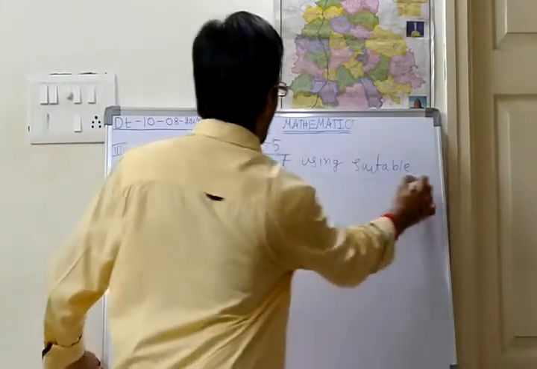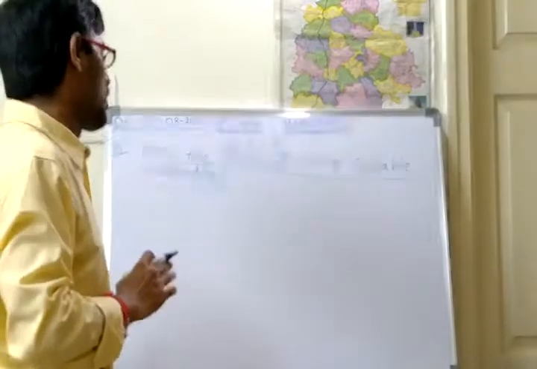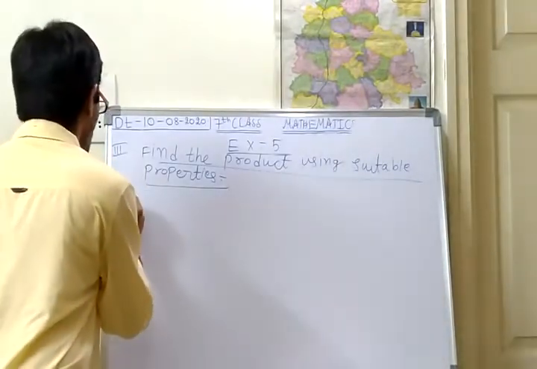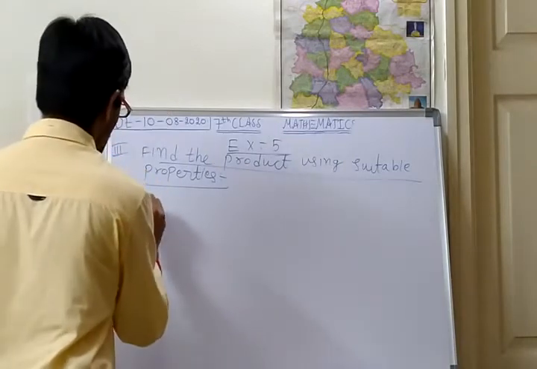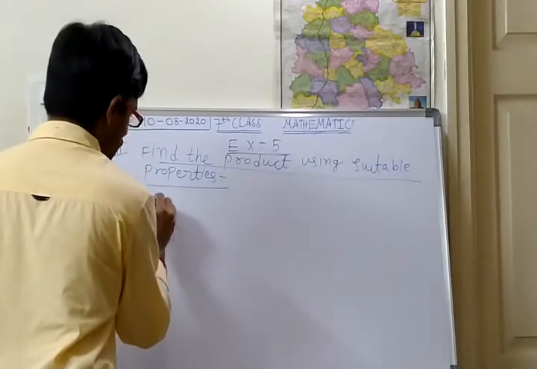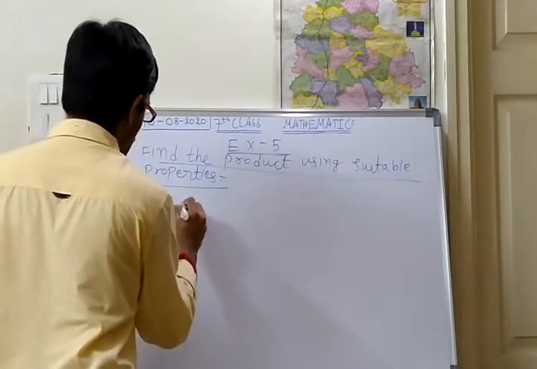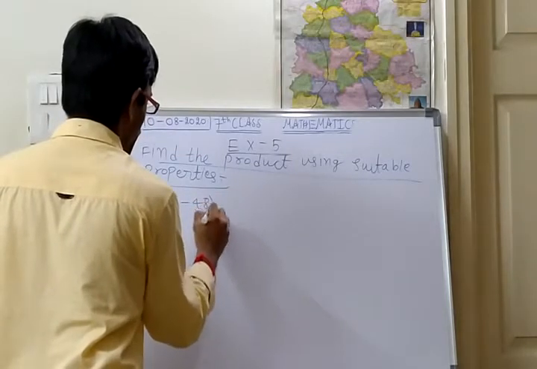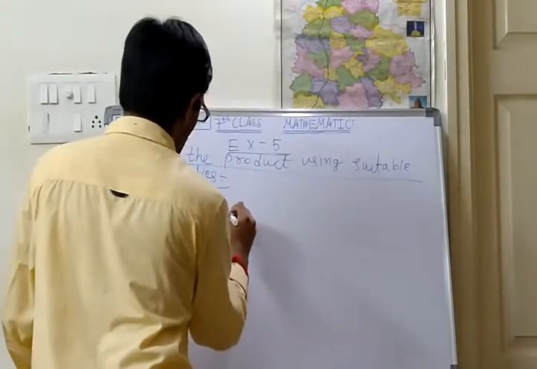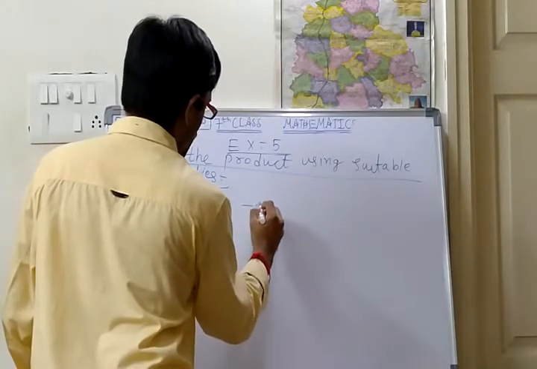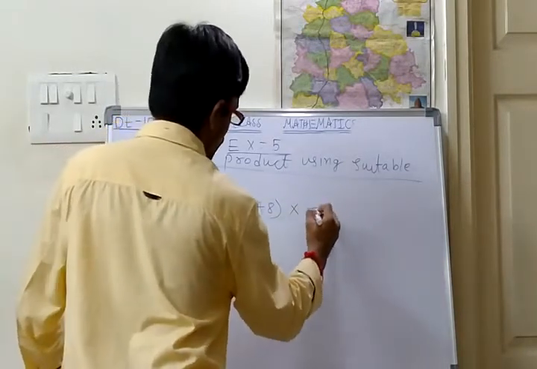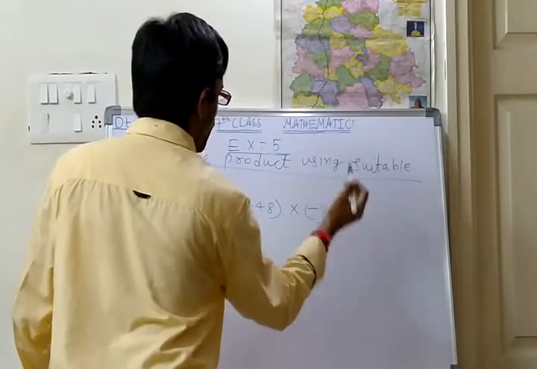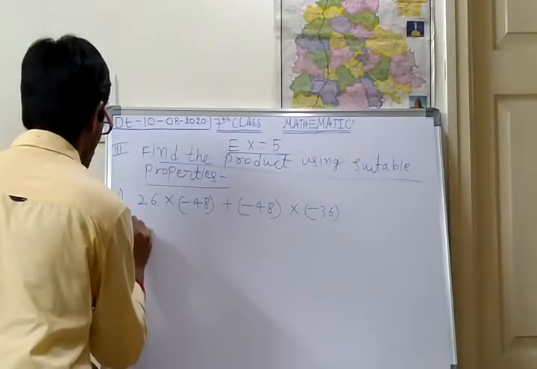So with the help of suitable properties, we have to find the product. The first one is 26 into -48 plus -48 into -36. Okay, this is the first one.